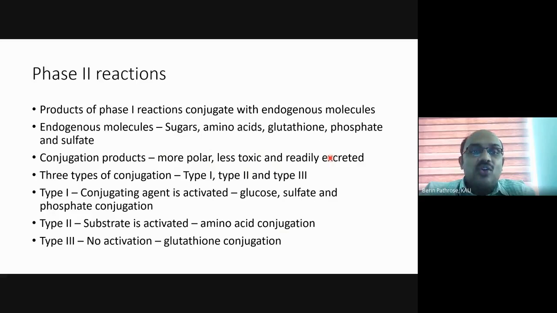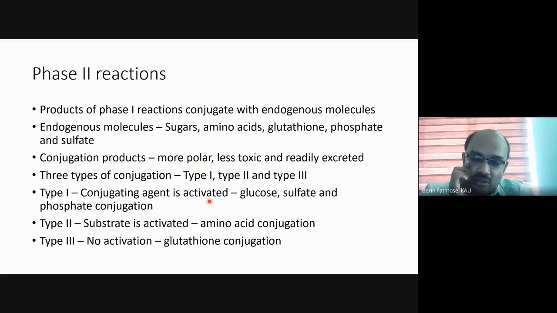And there are three types of conjugation reaction: type 1, type 2, and type 3. In type 1 conjugation reaction, the conjugating agent is activated.